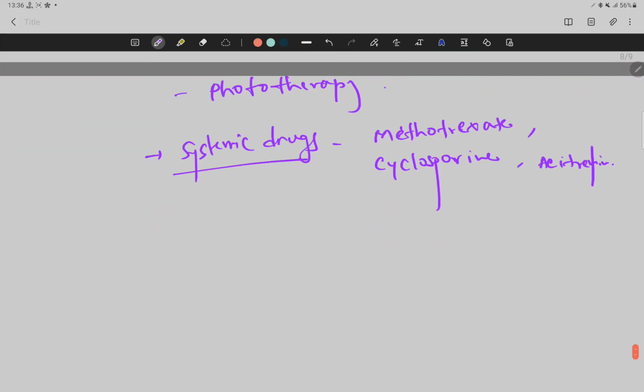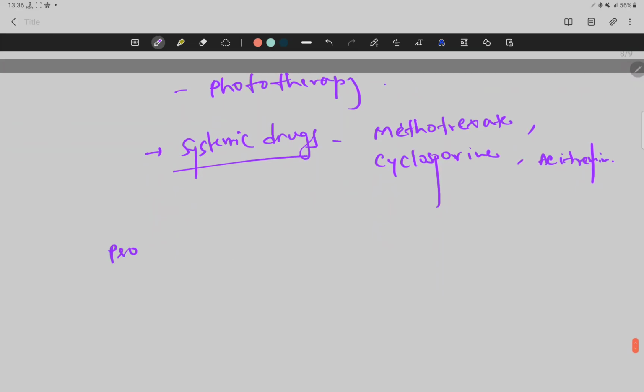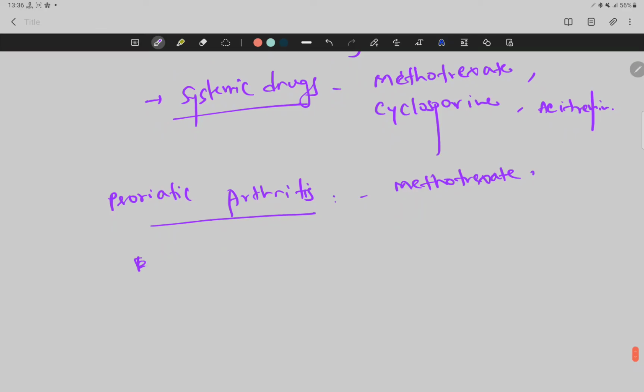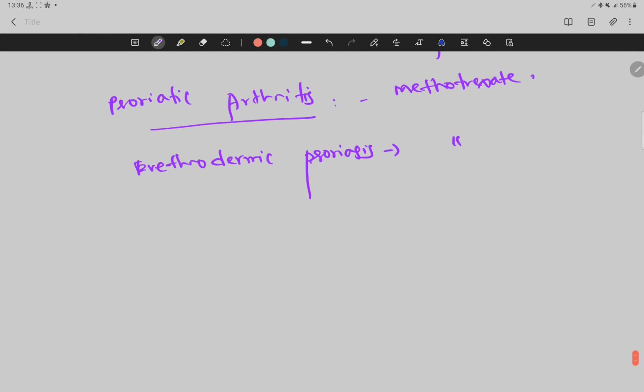In case of psoriatic arthritis, methotrexate is used. In case of erythrodermic psoriasis, the same methotrexate is used.